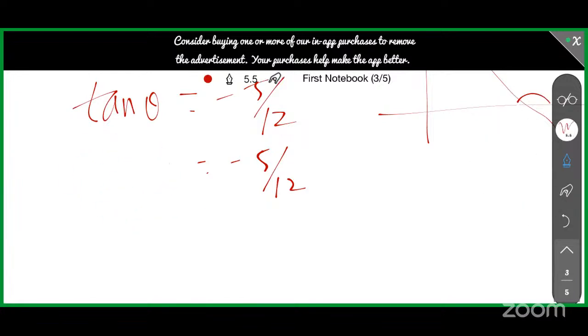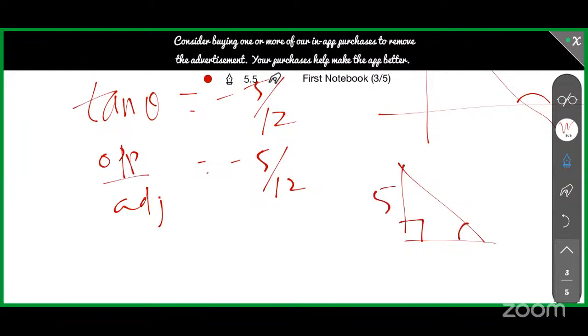Tan theta is equal to opposite by adjacent. In the right angle triangle, this is my theta, the opposite side is 5 and the adjacent side is 12. The hypotenuse will be how much? From the triplet, the hypotenuse is 13. Very good.